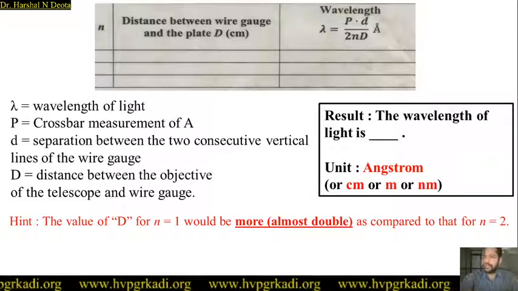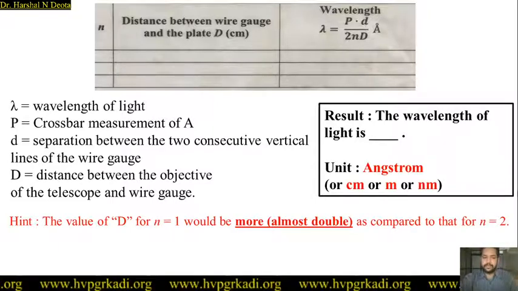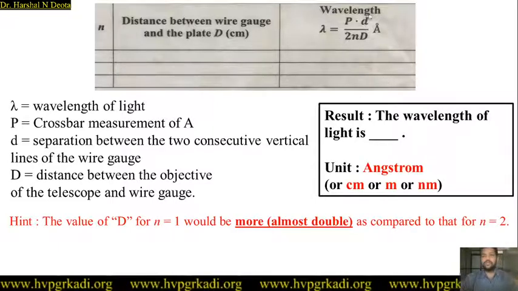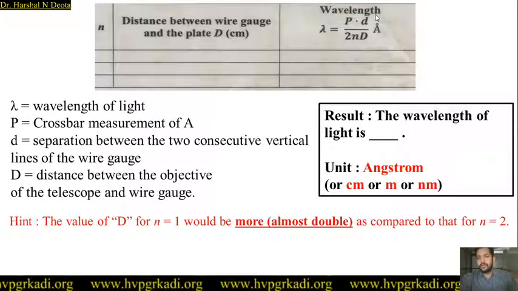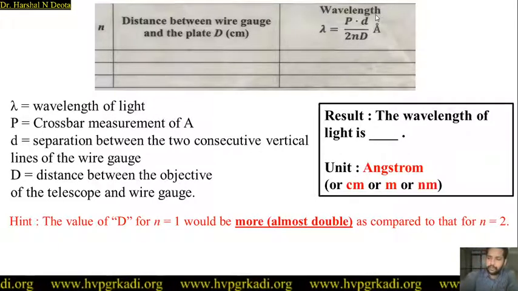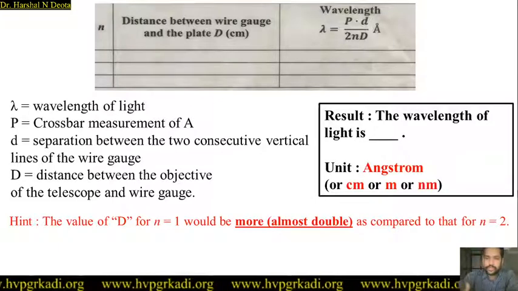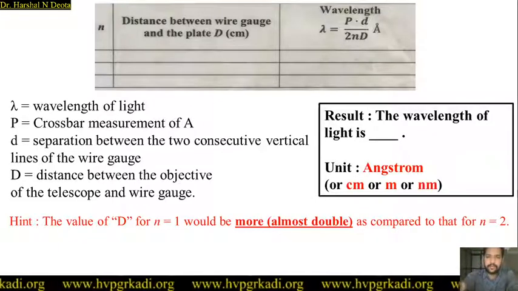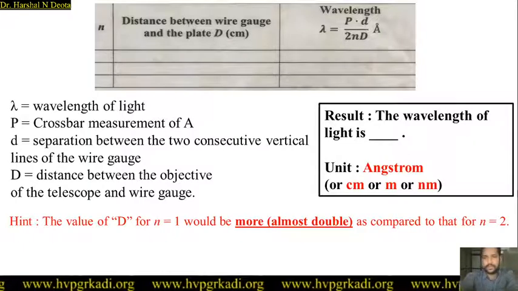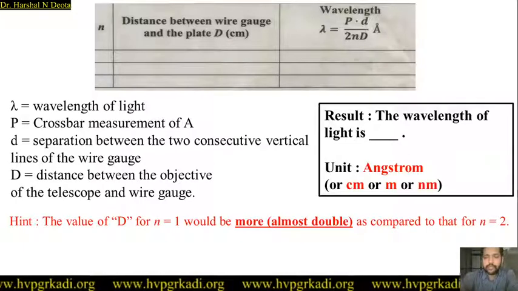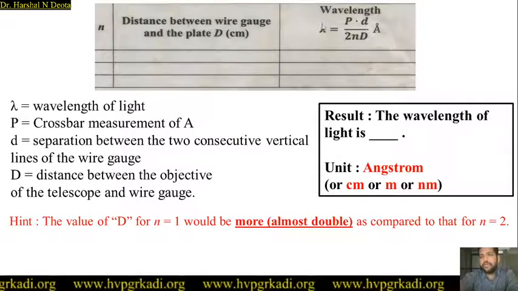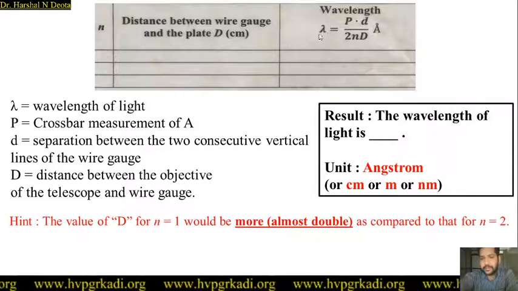One more thing I want to say, a hint: whenever you want to calculate lambda, you can also do it in a different way. Many times students try to find some other way to simplify the experiments, and that is not at all wrong. What you can do is, you already know the answer here, lambda 5893.